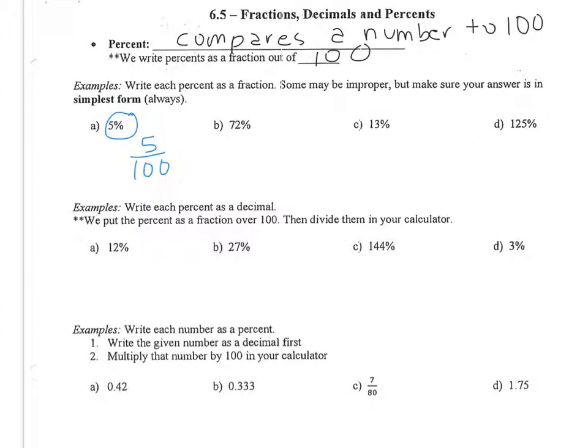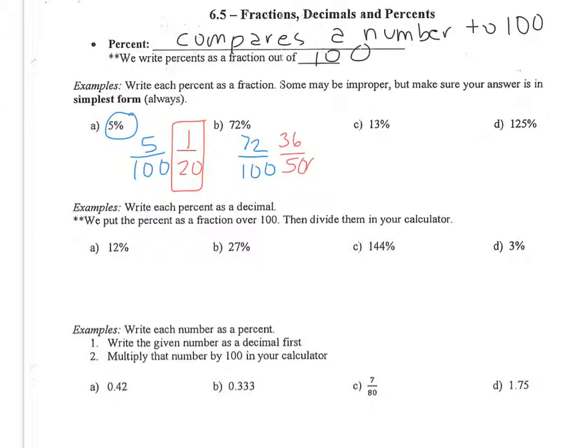So 5/100ths reduces to 1/20th. 72%, write it out of 100, and then reduce it. So this one I could divide by 2, is 36 over 100.